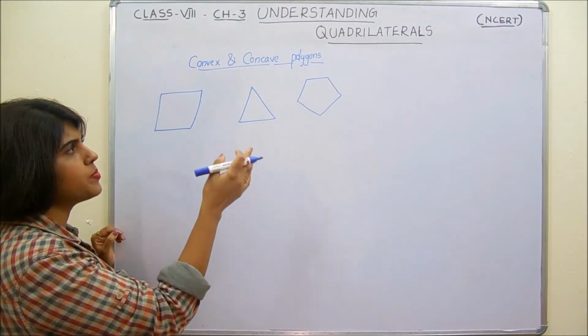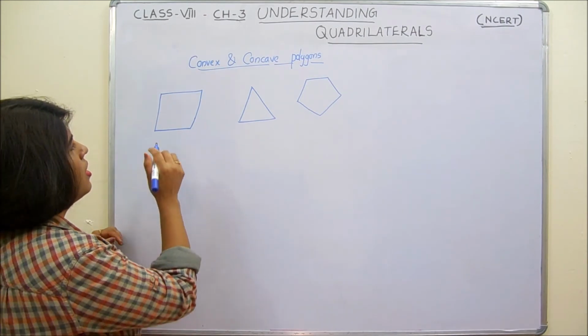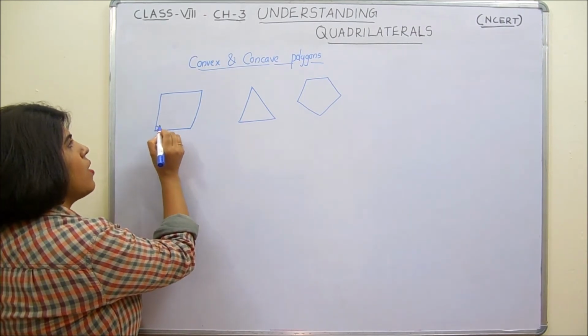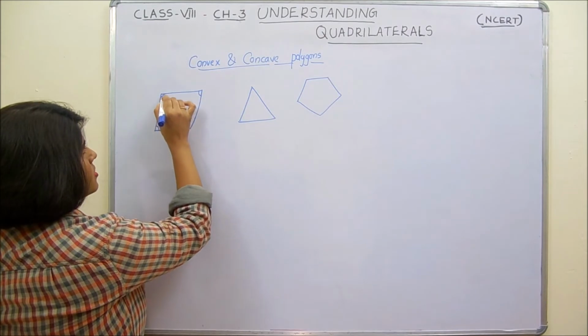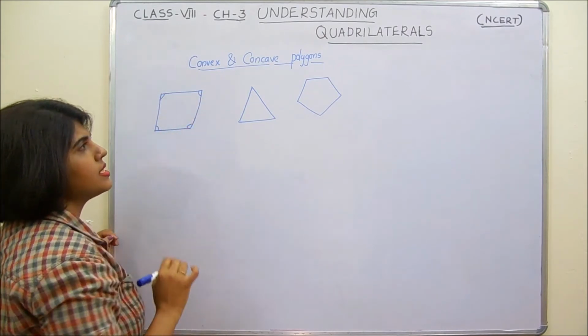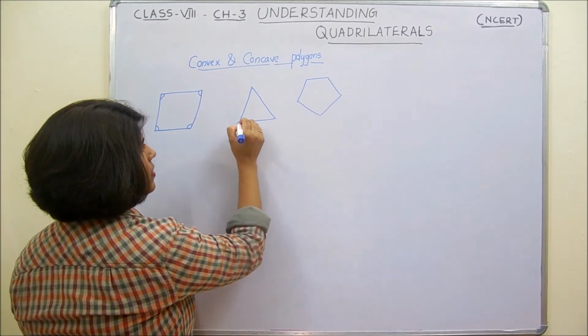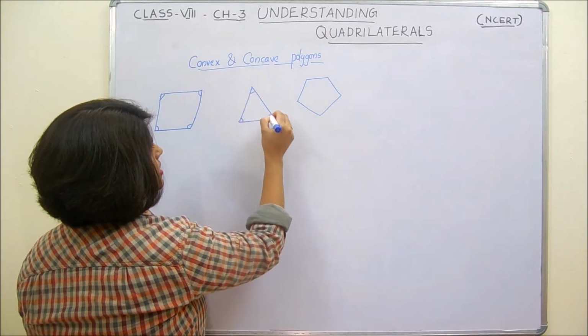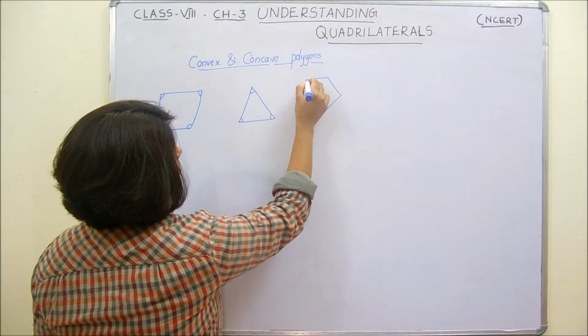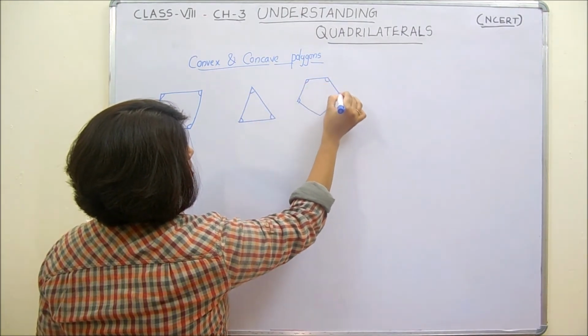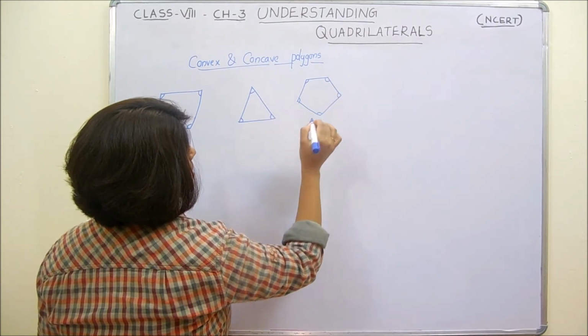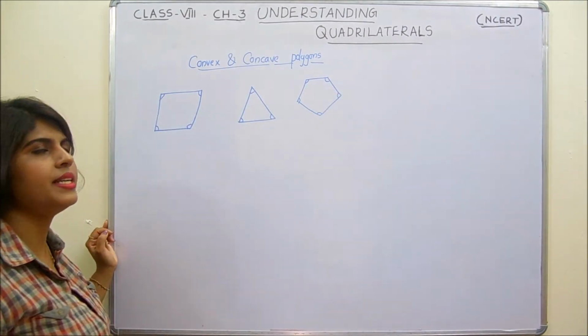Okay, in all these polygons you can see all the interior angles are less than 180 degrees, right? Yes, all of its interior angles are less than 180 degrees.